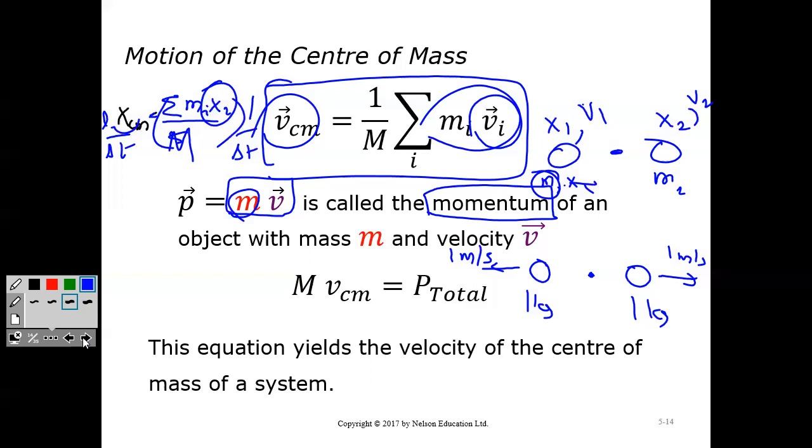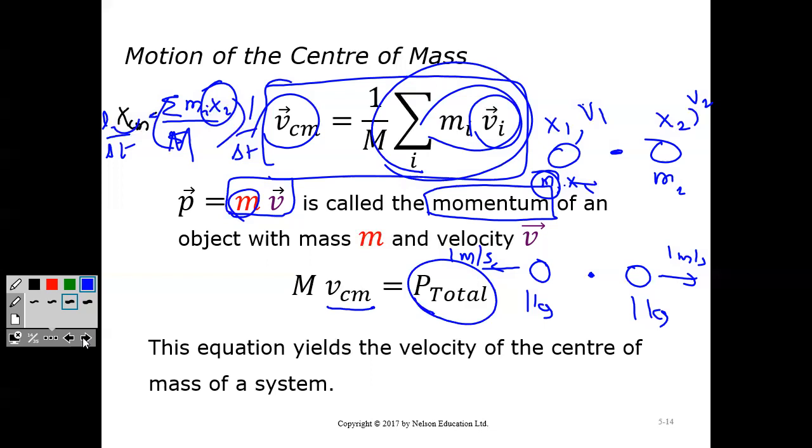So what is the summation of all the momentum, meaning the total momentum? You can say the velocity of the center of mass is equal to the total momentum of the system divided by the total mass.